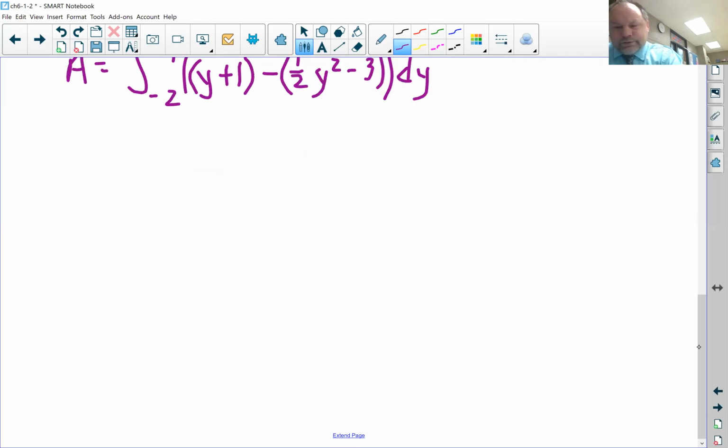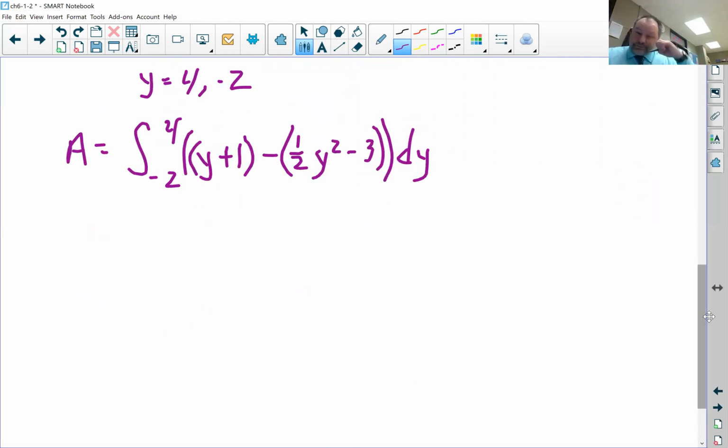Just so you're aware, on a problem like this, if you use your calculator to find the integral, you can certainly just change the variables to x's. And it will work, because the integral does not depend on the variable.